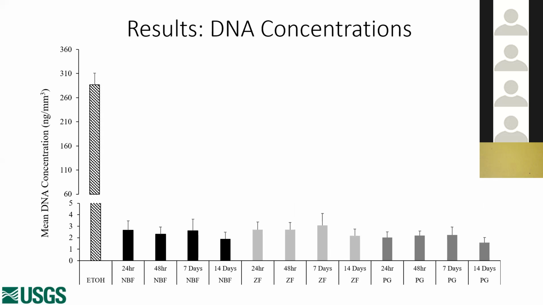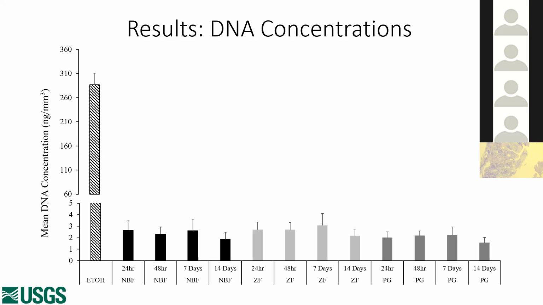So let's see, Z-fix at 7 days actually had the highest amounts of DNA, and this went the same for neutral buffered formalin and PAXgene. This was somewhat of a surprising finding to me. I wasn't expecting this. I thought the results would be similar to what we got with the RNA, which would be 24 and 48 hours would give me the highest concentrations.